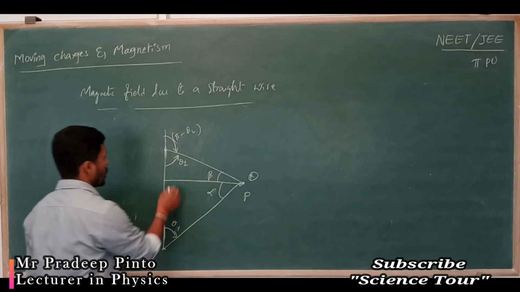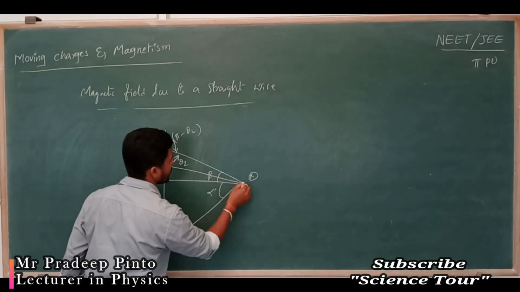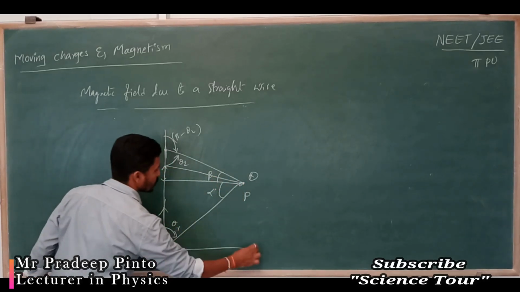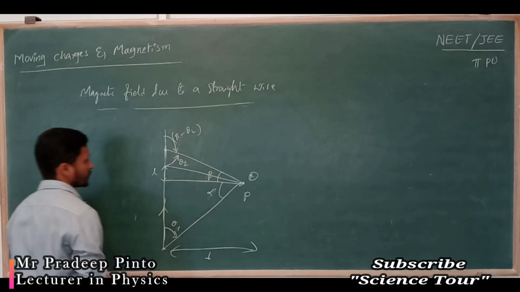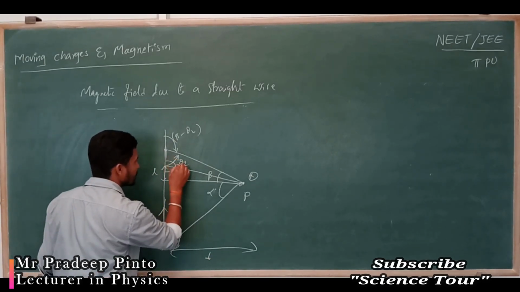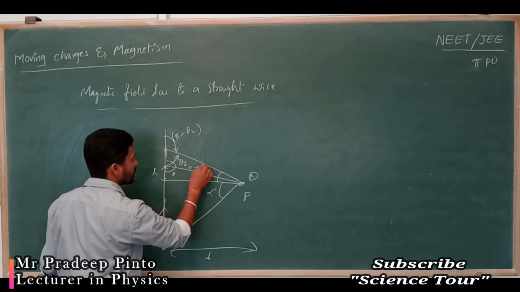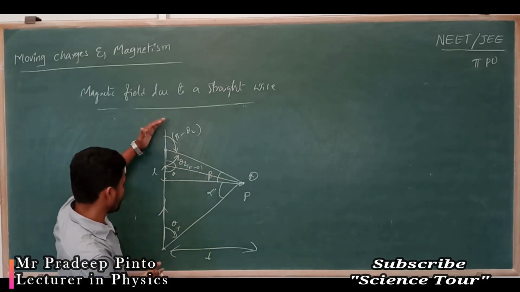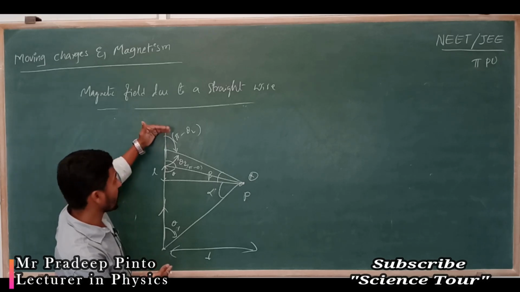Now I will consider a point here and a dl element of length L, and this total distance is d. I will consider this as theta and this as pi minus theta for the small case, and later we are going to integrate from theta 1 to pi minus theta 2.